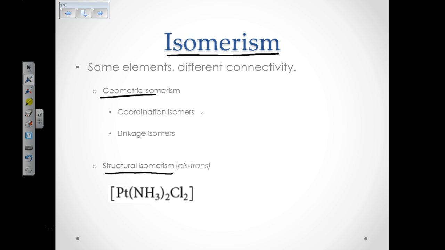with how the elements are bonded to the metal. Okay, so when we went through the naming, you can have the metal attached to a whole bunch of things here.